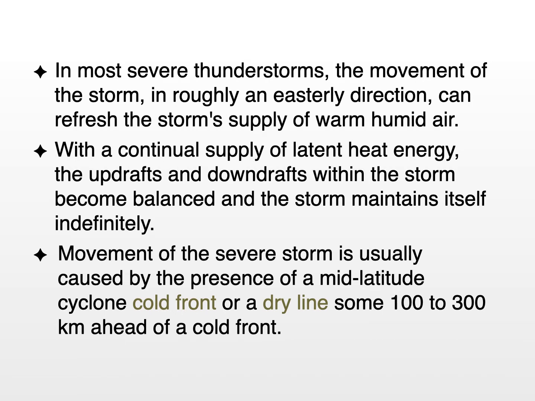So severe thunderstorms have particular distribution. They need to be in areas where the mid-latitude cyclone can gain humid, moist air, and that's usually from an ocean body, like the Gulf of Mexico.